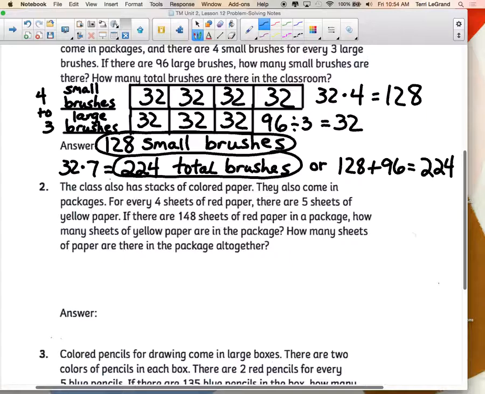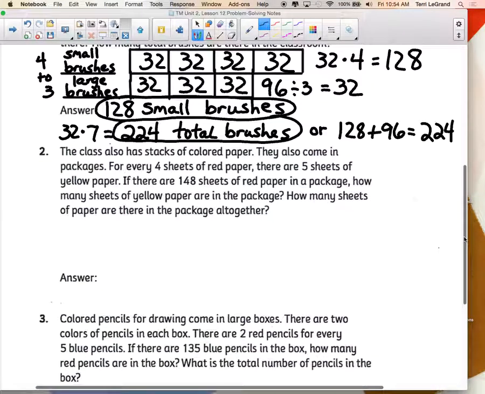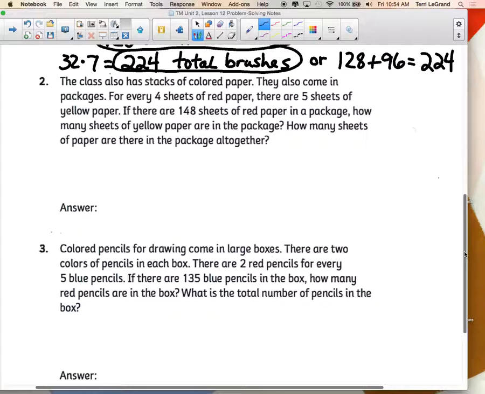Any questions on that one? Okay, I want you to tell me what we're going to do after you read number 2. So read number 2 to yourself and then tell me how we're going to start that one.